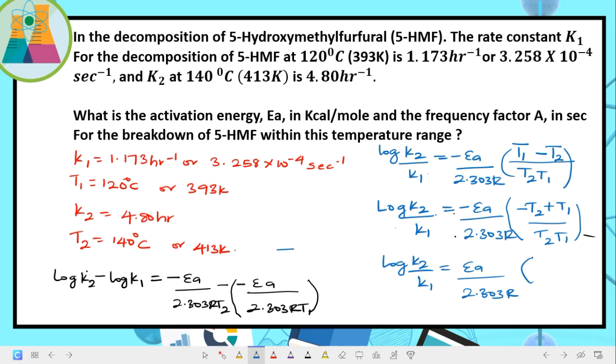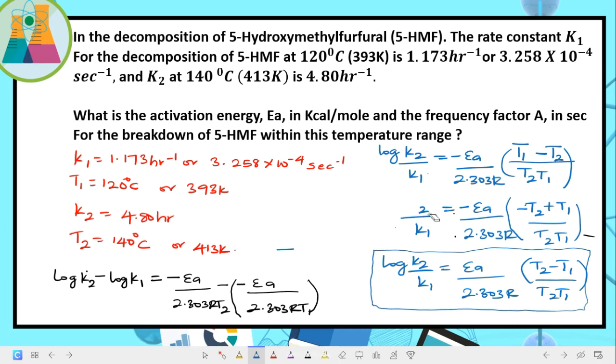Use the minus to multiply this, it gives us T2 minus T1, because minus times minus will now give a positive T2, then minus T1, all over T2 T1. Now this is what we got at this point, right? There's a final formula that we got that we substitute in our values.